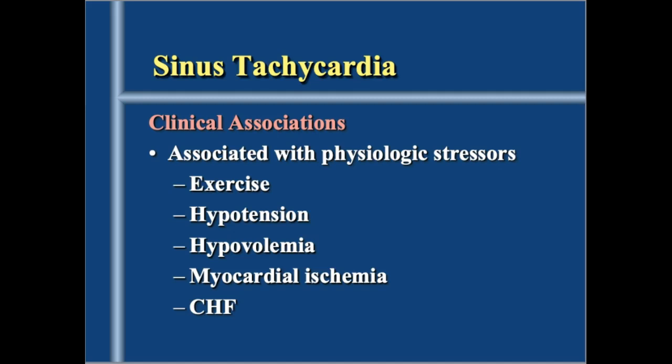So sinus tachycardia, exercise, obviously you want your heart rate to go up with exercise. You'll see this with hypotension or hypovolemia, someone who's dehydrated. This is classic. You'll give them fluids and watch their heart rate come down nicely. Disease states, certain MIs can cause fast heart rates, and also in CHF you can have tachycardia as well.